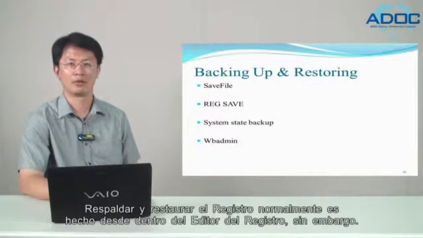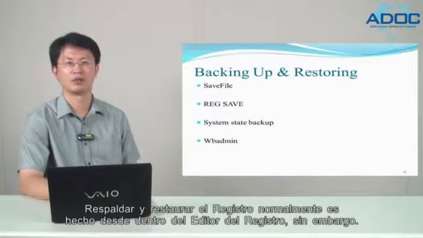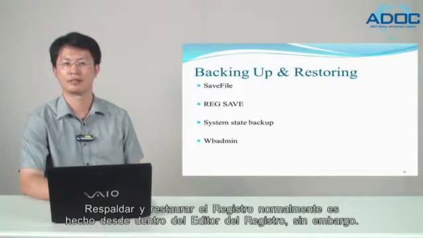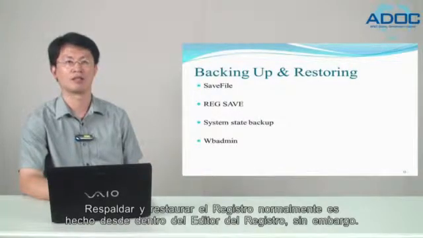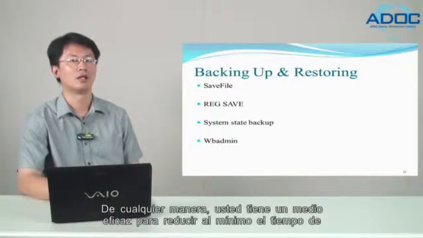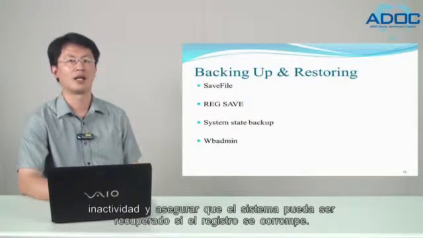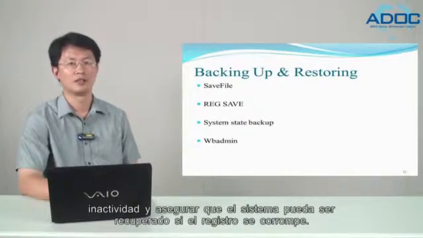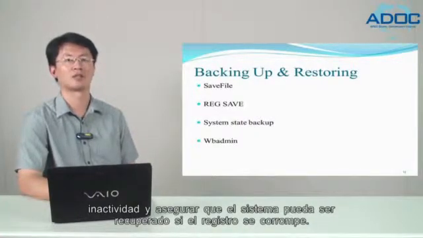Backing up and restoring the registry normally isn't done from within Registry Editor. However, either way, you have an effective means to minimize downtime and ensure that the system can be recovered if the registry becomes corrupted.